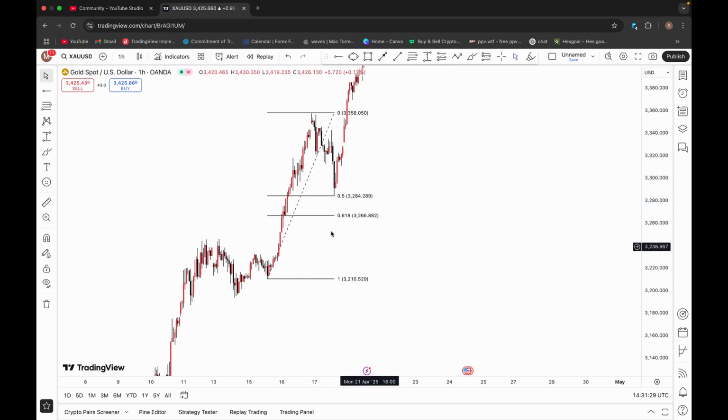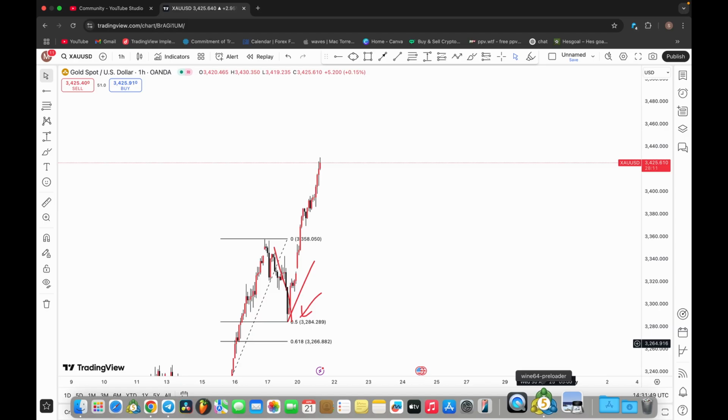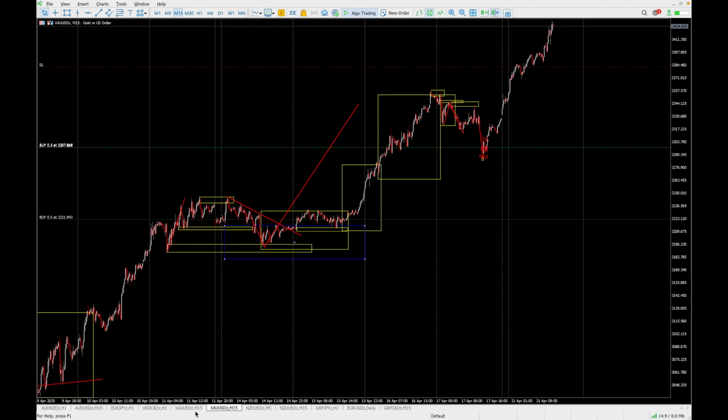And as you can see, what we can identify is the dealers sold that they may buy, and this happened at the 50% fib level. And as you can see, that trade has been shooting to the upside. For my BTMM traders, very simple structures that we could identify on this.